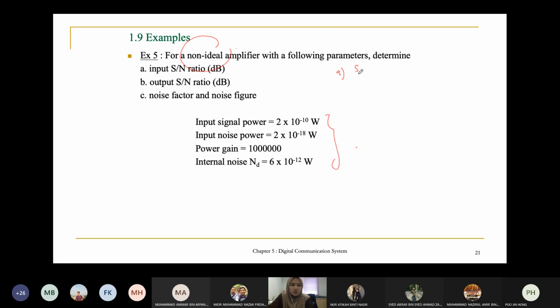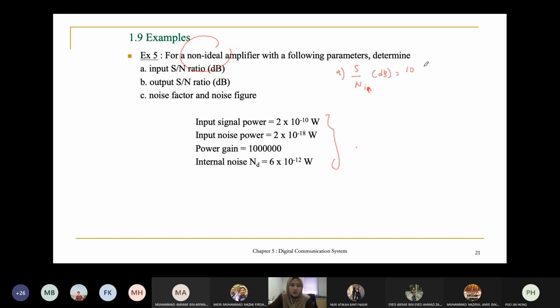So signal to noise ratio input. Tak kisah awak nak tulis macam mana. Macam saya tulis macam ni lah, signal to noise ratio in, dalam unit decibel.